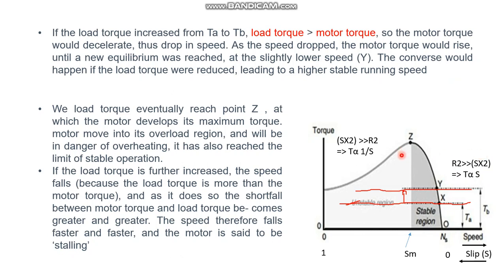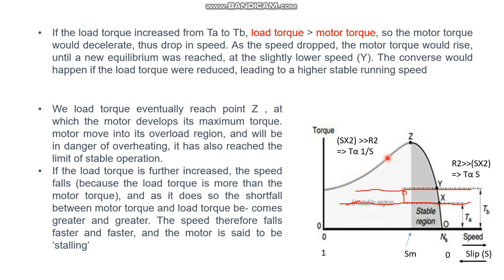Whereas in this case, as slip increases, torque reduces. So in this region, even though there is an increase in load torque, the motor will not produce torque to meet the load torque. Motor torque reduces if there is an increase in load torque.